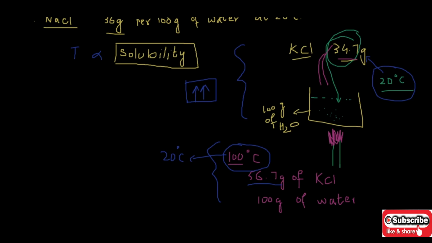If you subtract 34.7 gram from 56.7 gram, you will get 22 gram. This amount of potassium chloride would crystallize out. Crystal formation would take place.